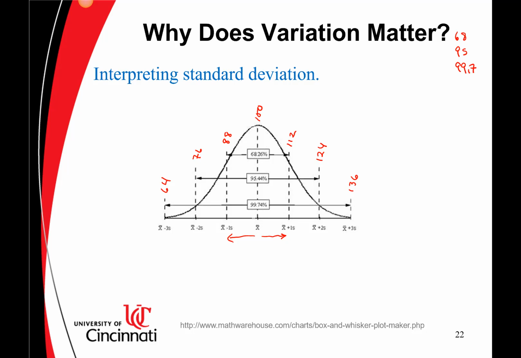These three numbers, the 68, 95, and 99.7, allow you to figure out how well a particular score, or what the performance was on a particular score.